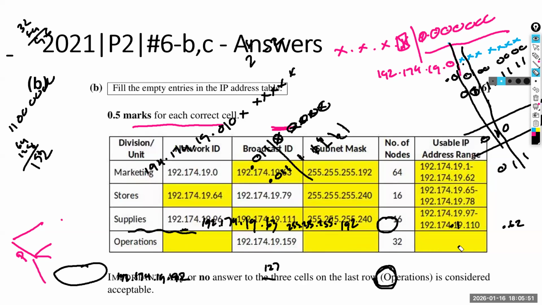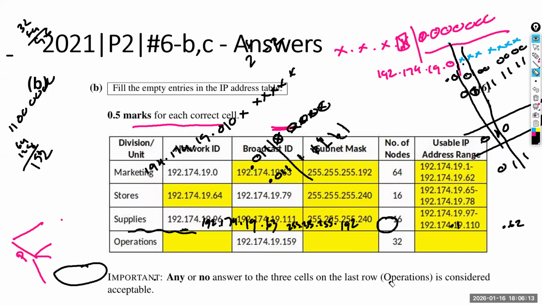Okay. The reason is this value is wrong. So that is why there's a note here. You can see there's a small note here. Any or no answers to the three cells on the last row.